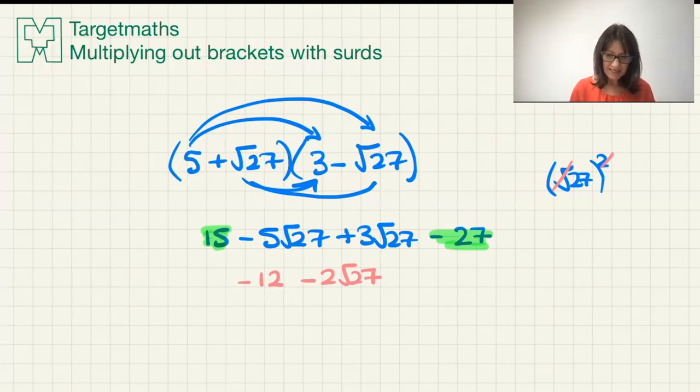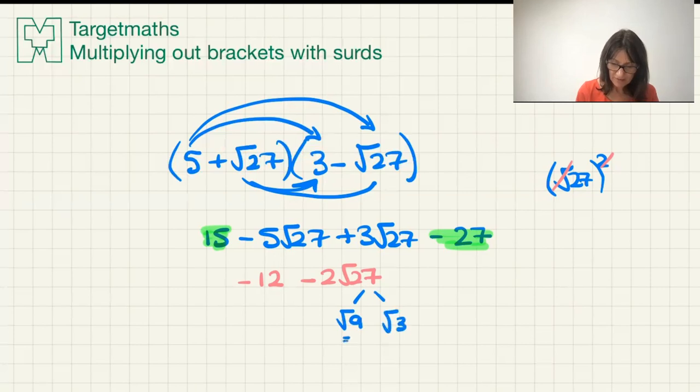Once I've expanded, I must then start thinking about, is that my final answer? As with fractions, surds will always cancel, and we should always be looking to put it in its simplest form. And I can see really at a glance that root 27 is in the 9 times table. 9 is a square number, so this is going to split out for me. So I'm going to split my root 27 into root 9 and root 3.